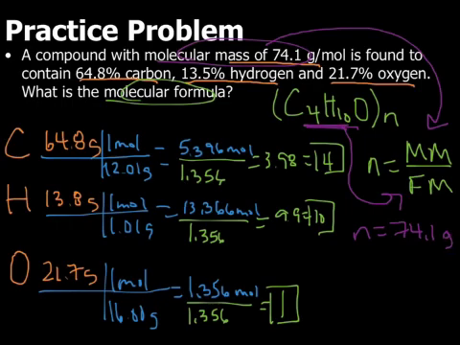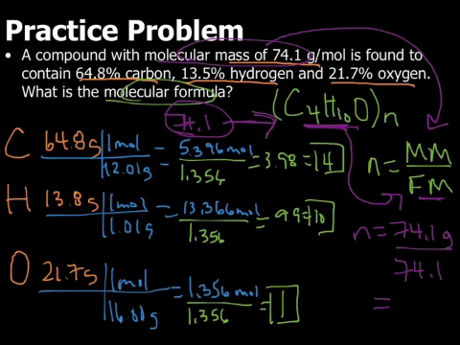The formula mass comes from all of those elements added up: 4 C's plus 10 H's plus O, which also gives me 74.1. That's where that 74.1 came from. So I divide by 74.1, and in this case my n value is 1. That tells me my molecular formula is going to be the same as my empirical formula.